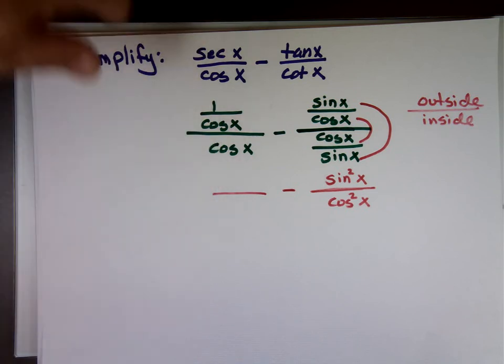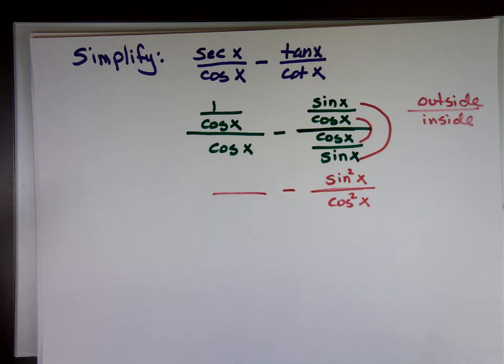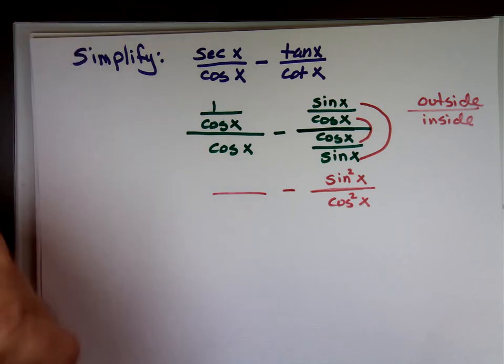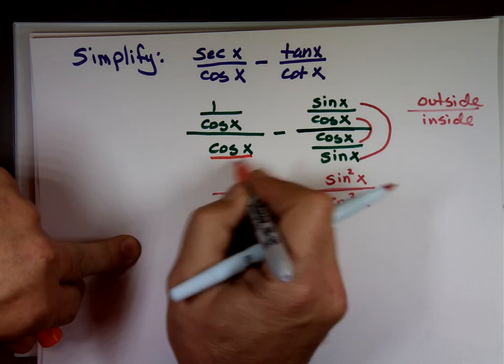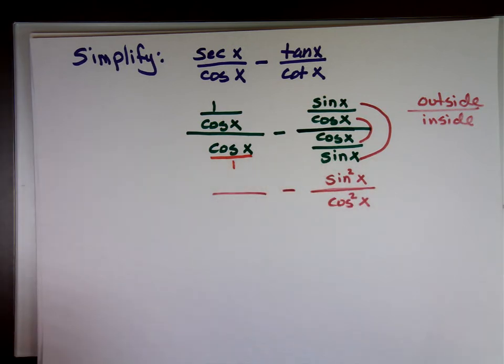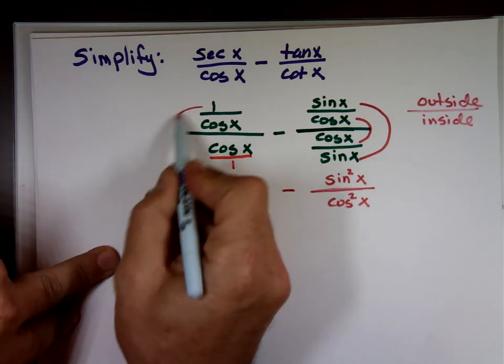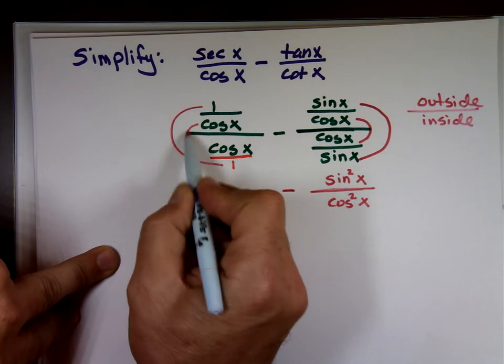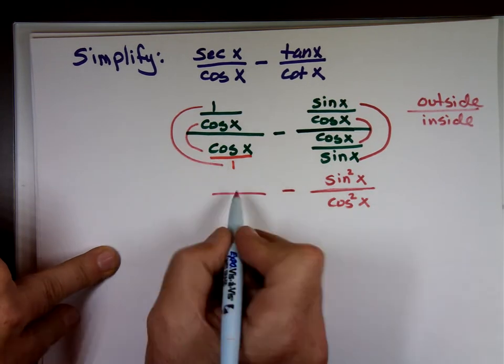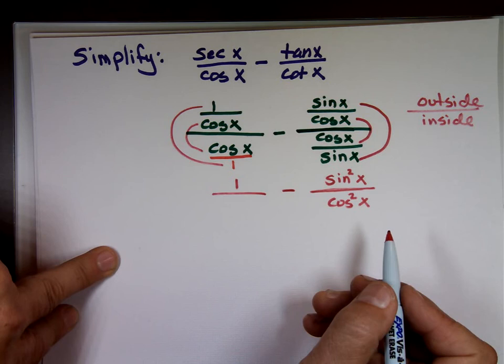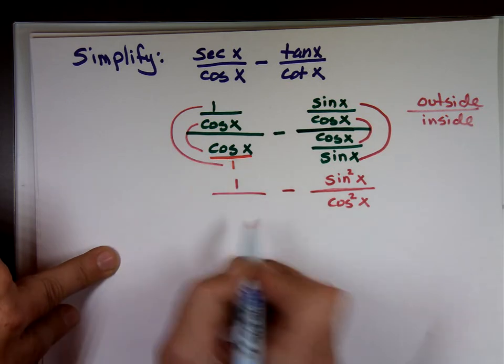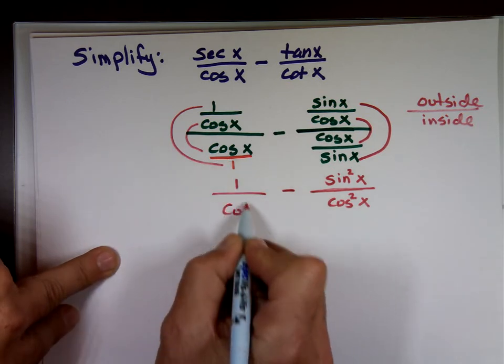Make it over 1. Anything is over 1. So now you do what? Outside over the outside, inside over the inside. 1 times 1, 1. Cosine times cosine. What? Cosine squared x.